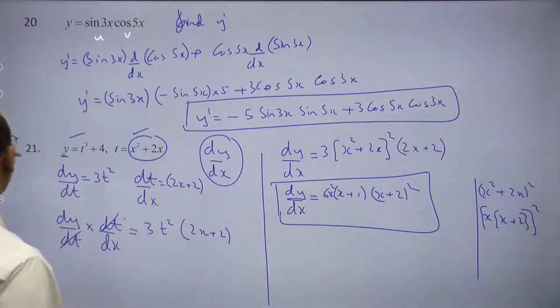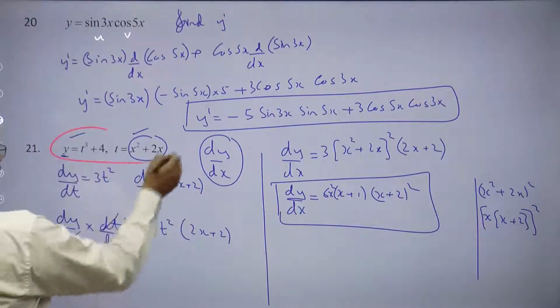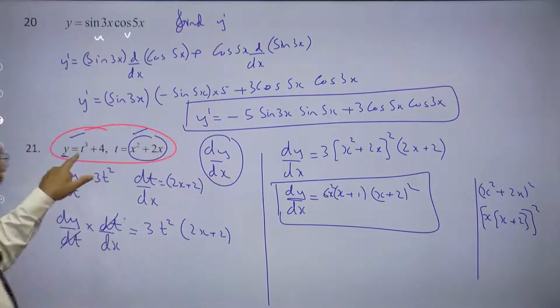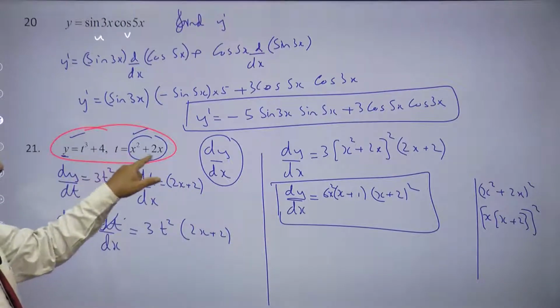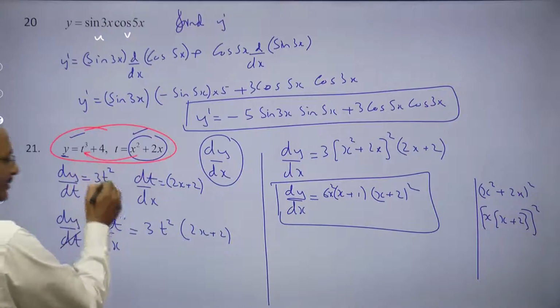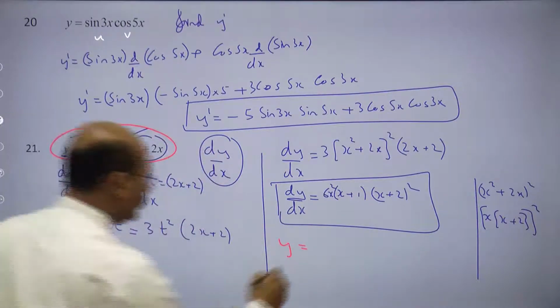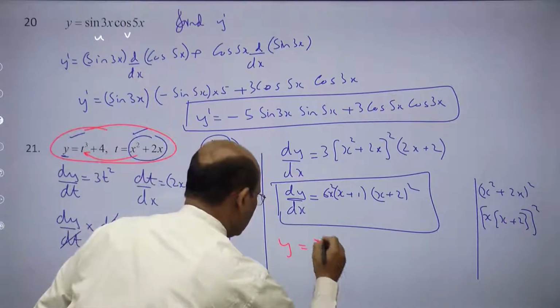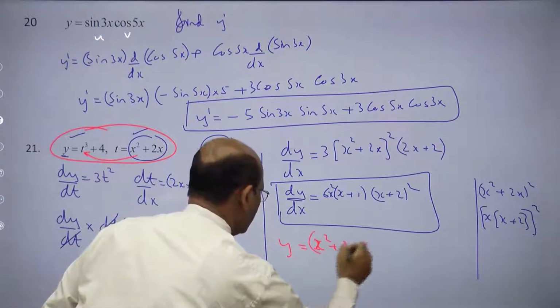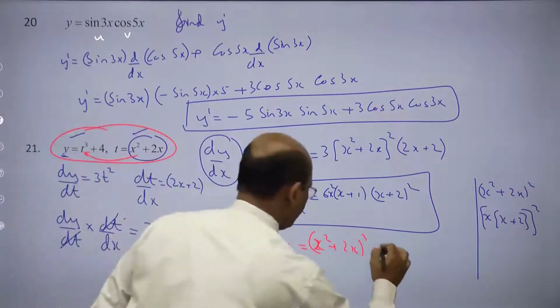Okay, as I said, what is the other way of looking at this question? Now, look at this function. So, y is given t cube plus 4, t is equal to x square plus 2x. So, what I can do is, this t I can replace in this. So, y will be equal to x square plus 2x whole cube plus 4.